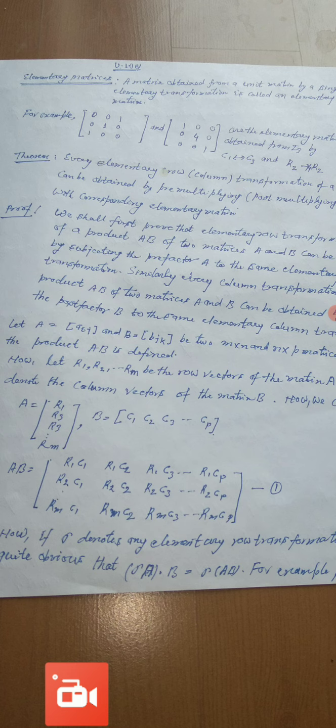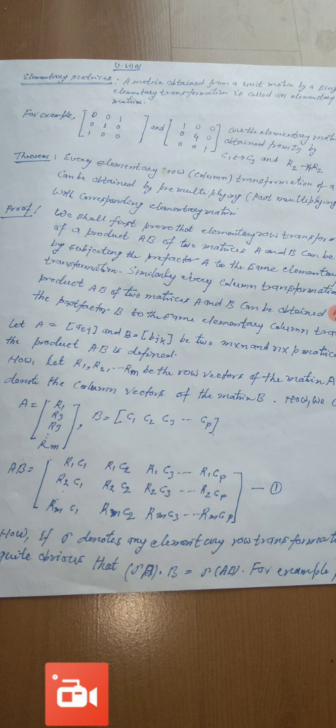Similarly, every column transformation of a product AB can be obtained by subjecting the prefactor B to the same elementary column transformation. Meaning for rows the prefactor A, and for columns the prefactor B.